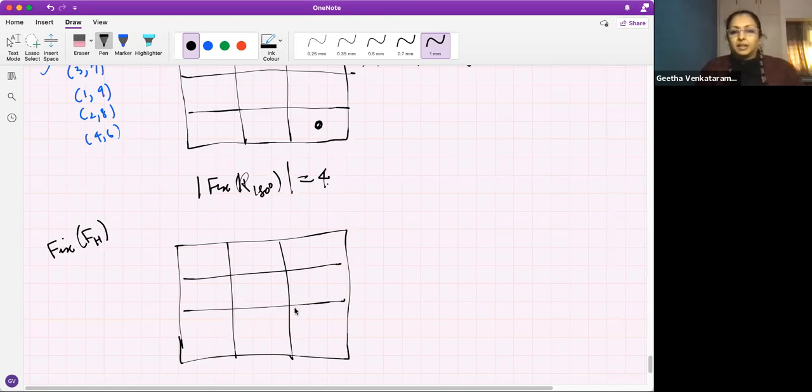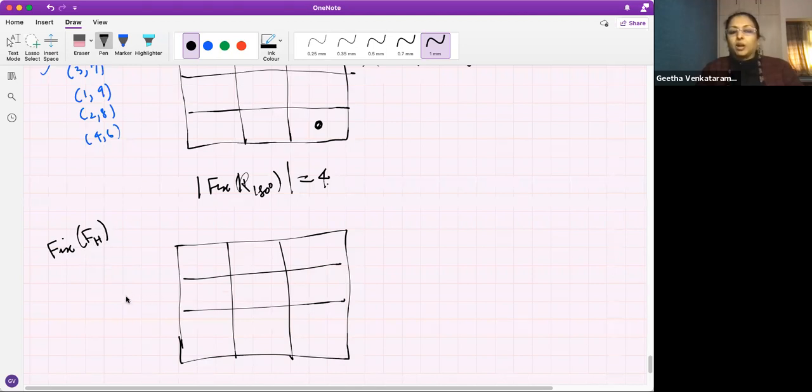Ultimately, I'm going to get the number of orbits by counting the order of all the fixes and then dividing it by the order of G here, which is D4, which is 8. So that's how I'll get the number of orbits. But in order to calculate the number of orbits, I have to count all the fixes. So what is fix of FH here?